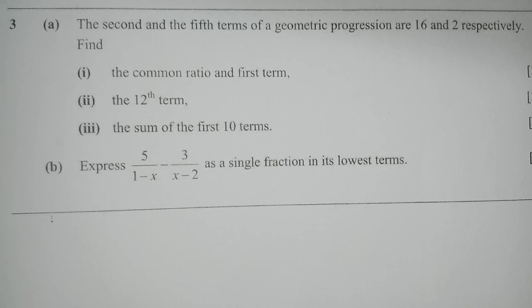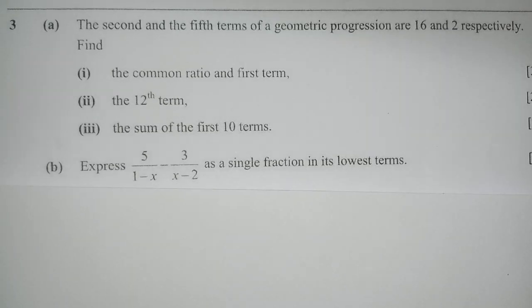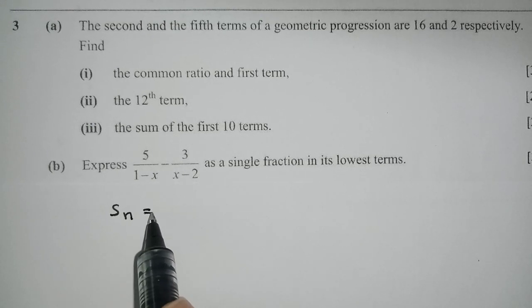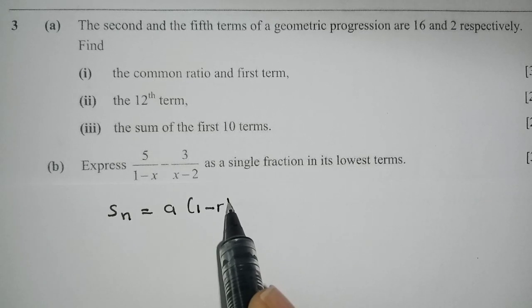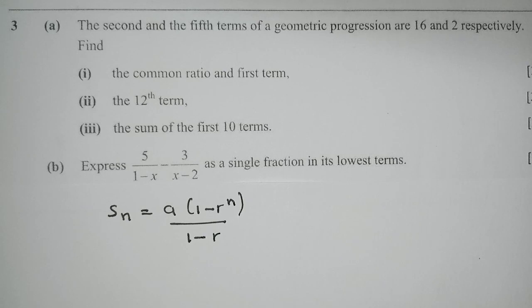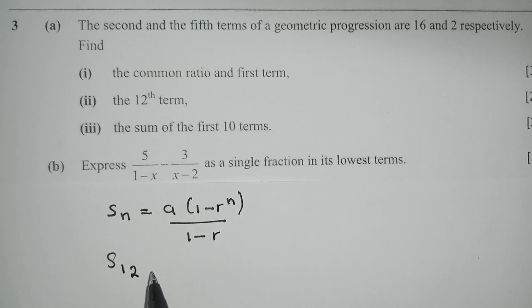The sum of the first 10 terms. So they want us to find the sum of the first 10 terms. The formula for finding the sum is right here. This is the formula. So we say the sum of 10 terms is equal to, our A is 32.